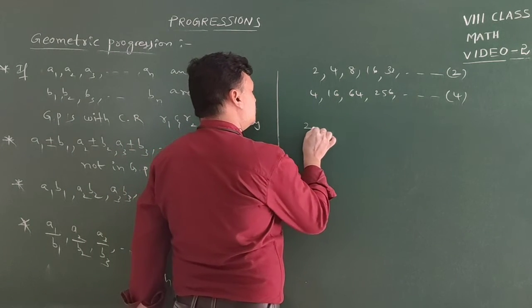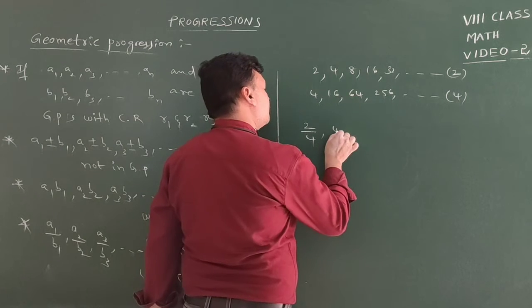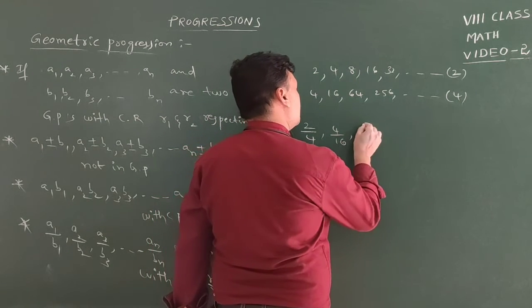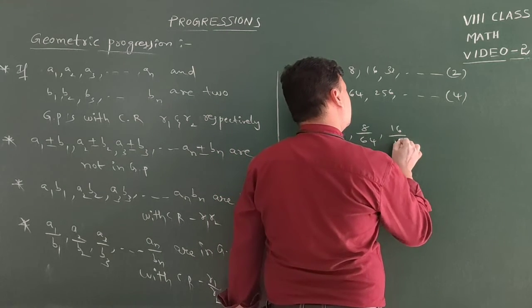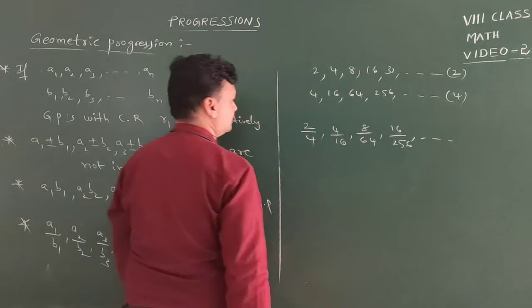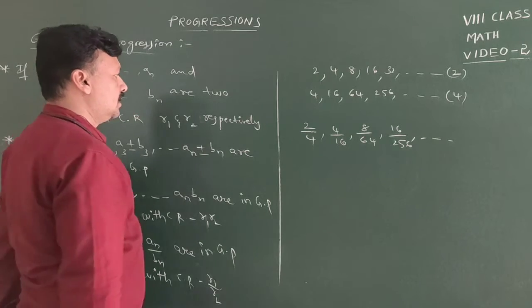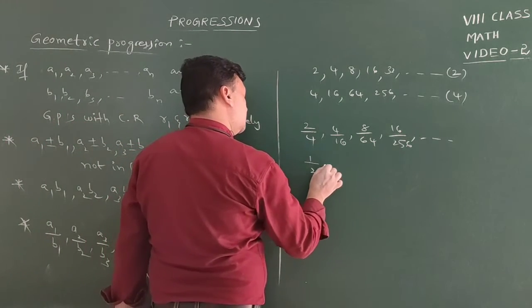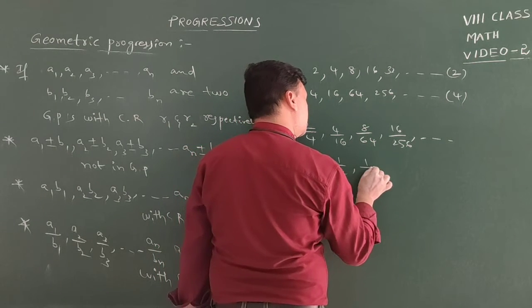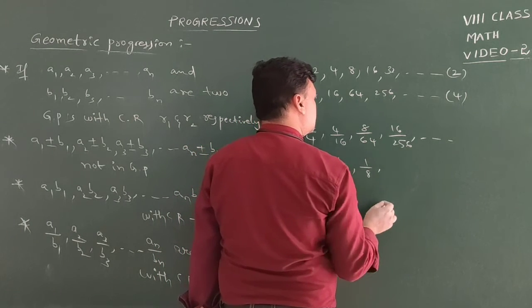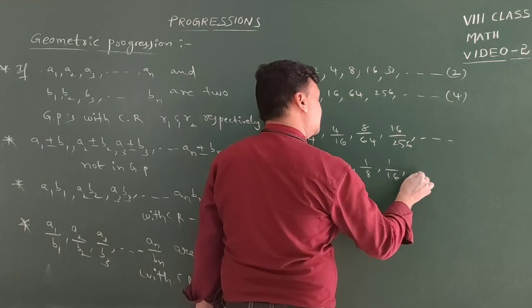Here 2 by 4, 4 by 16, 8 by 64, 16 by 256 in this way. Now 2 by 4 means 1 by 2, 4 by 16 is 1 by 4, 8 by 64 means 1 by 8, 16 by 256 means 1 by 16.